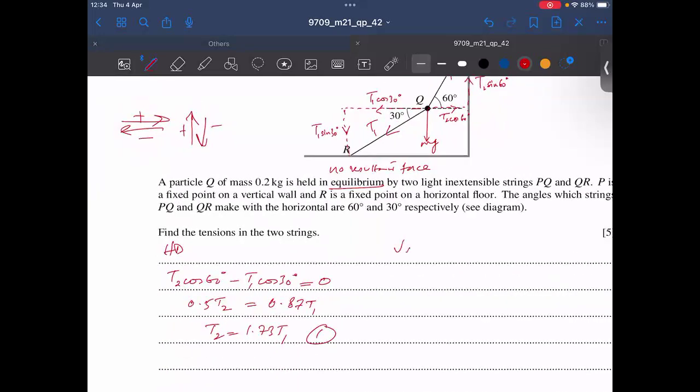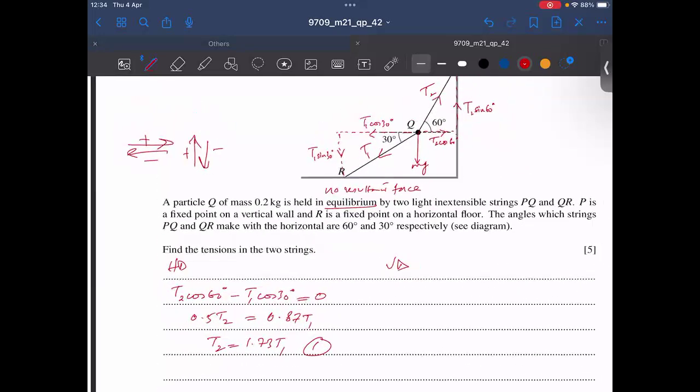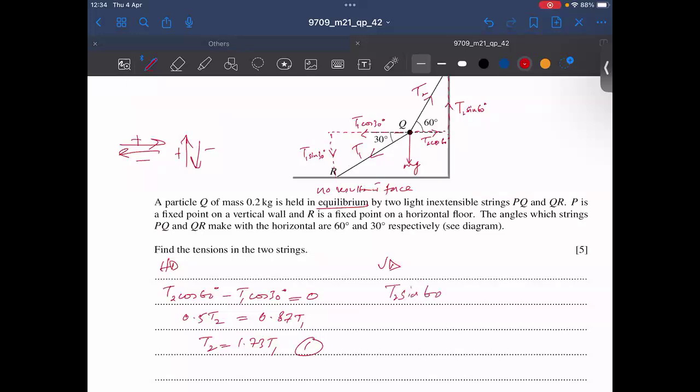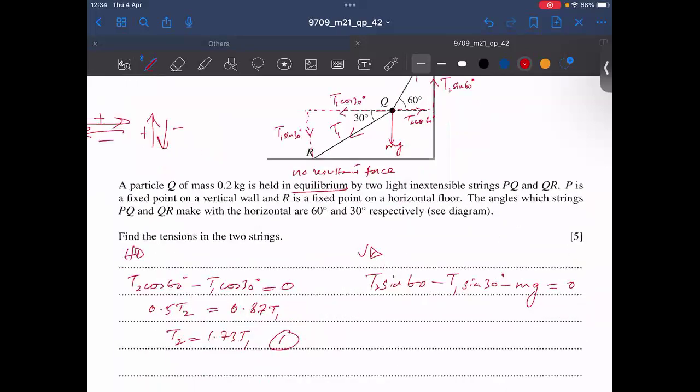Now in the vertical direction, Mustafa, I have T2 sine 60 directed upward, positive, and then I have minus T1 sine 30 directed downwards, 0.5 T1, and minus mg directed downwards, 0.2 into 10 will be 2, equals 0. So I have 0.87 T2 minus 0.5 T1 minus 2 equals 0.